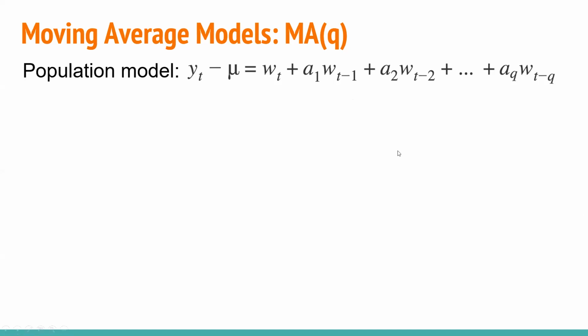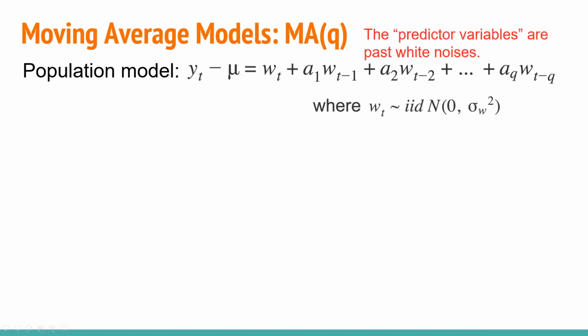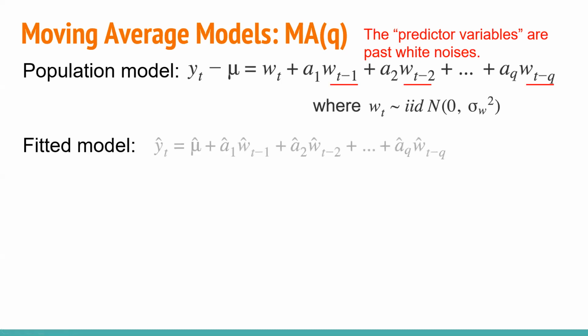But here, the current value of the series depends on the current shock, what I call the current white noise, and the immediate past white noise, and so on. Which means the predictor variables are past white noises. I'm going to give you an example from a real-life situation where moving average models apply.